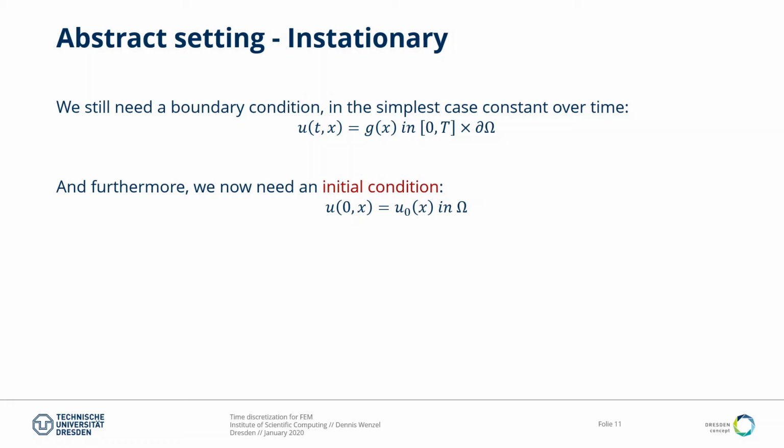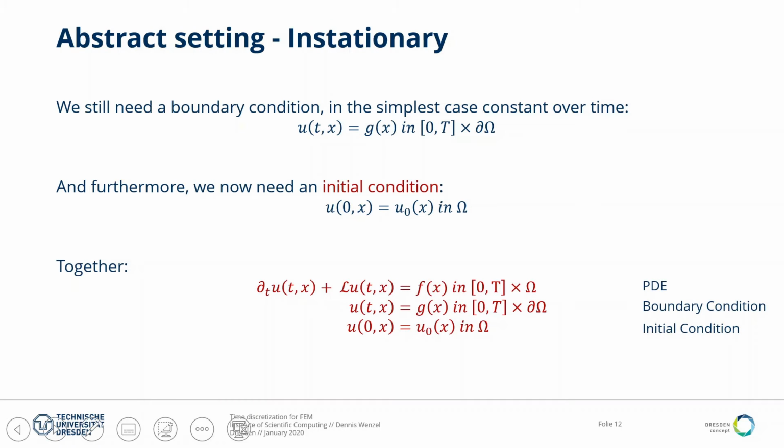You need an initial condition. And this, in our setting, reads something like u of time point 0 and any x is equal to some initial function, right? So this u of x is a function that's defined all over omega, and this gives the initial profile, the initial distribution of the quantity inside of our domain.